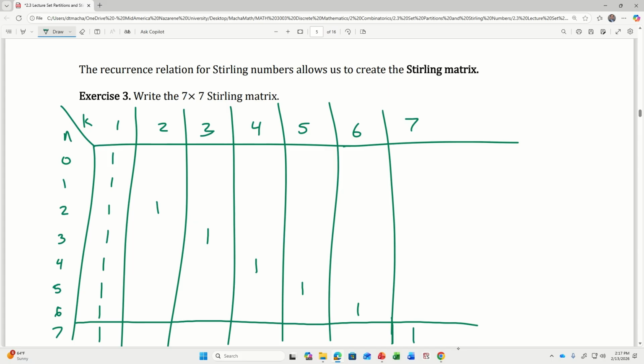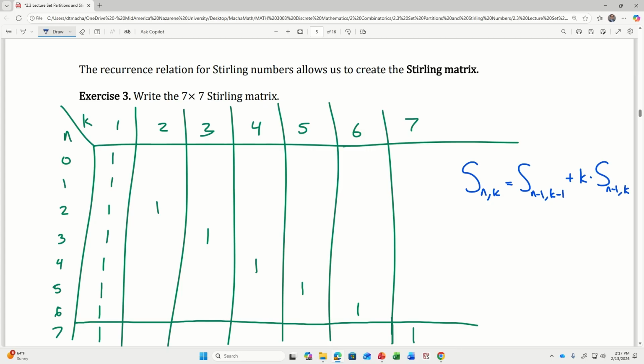What else? I know from my recurrence relation that S(n,k) is equal to S(n minus 1, k minus 1) plus k times S(n minus 1, k).